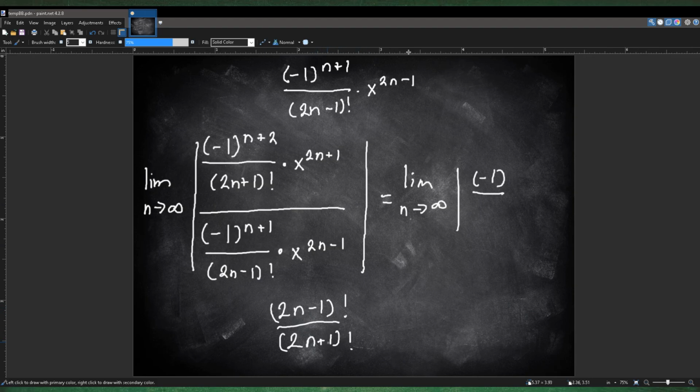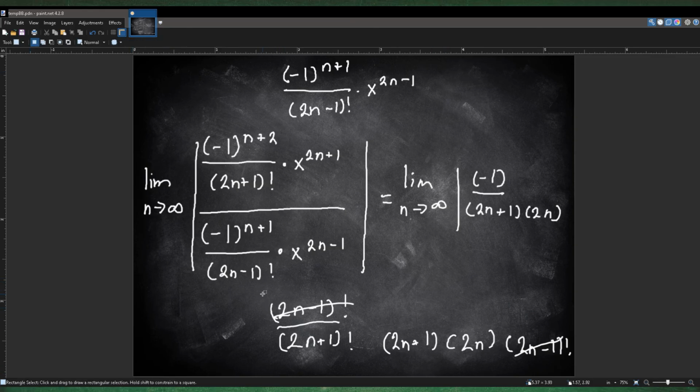You can rewrite 2n plus 1 factorial as 2n plus 1 times 2n times 2n minus 1 factorial, right? It's basically just minusing 1 every single time. So if you cancel both of these terms out, we have 2n plus 1 and 2n on the bottom. Okay, so let's delete this.